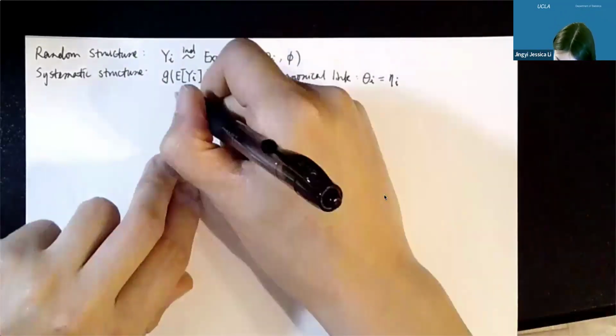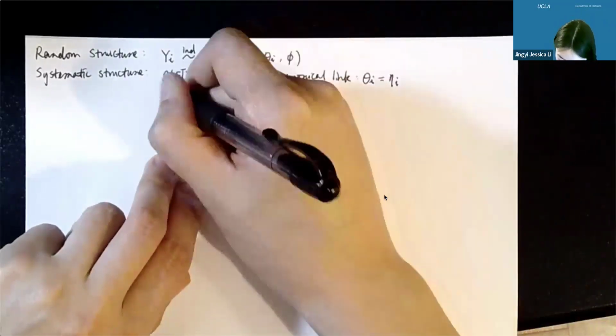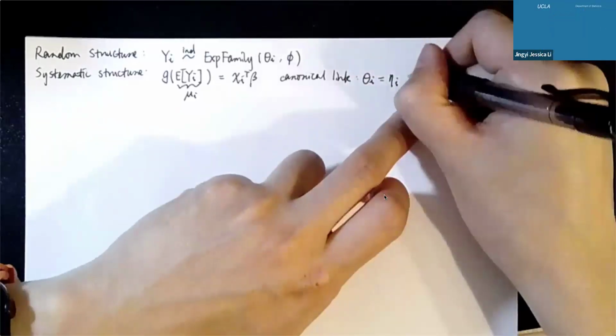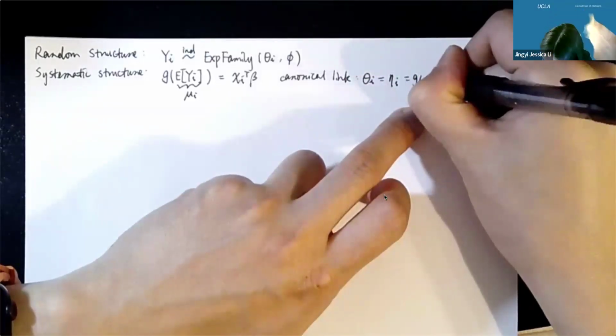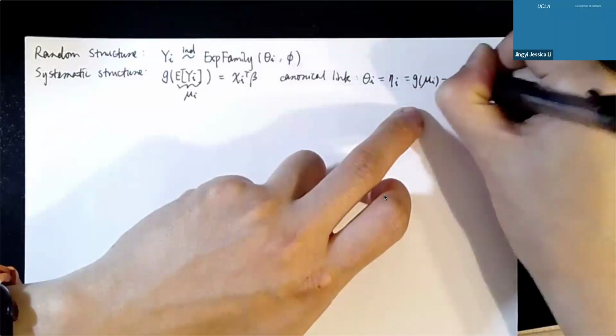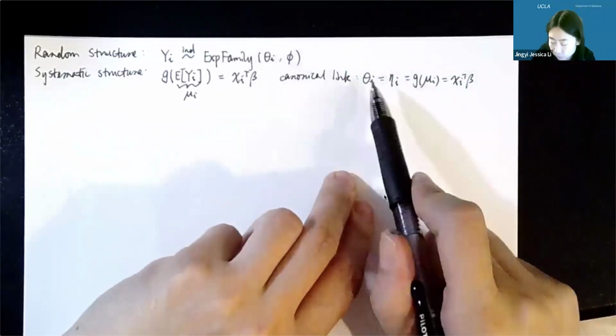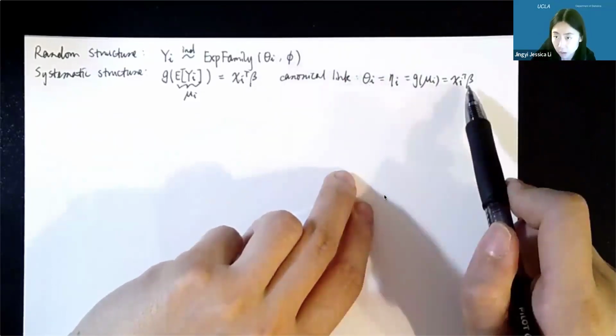And for the expectation of Yi, we give it the notation mu i. So we specify this relationship g of mu i equals xi transpose beta. This is how we can link the location parameter to this common beta.